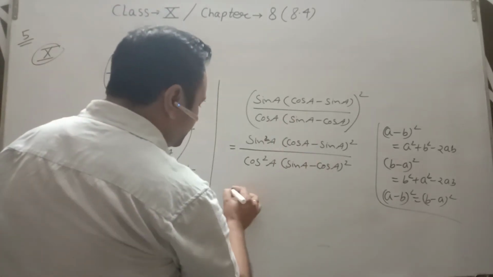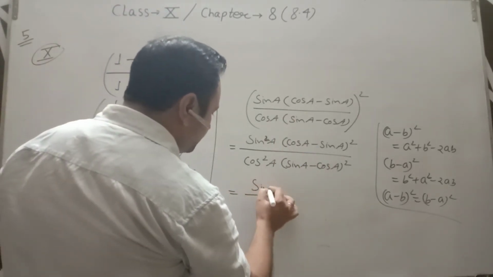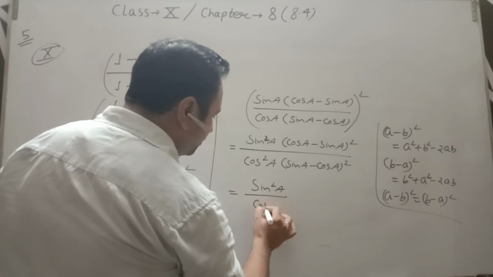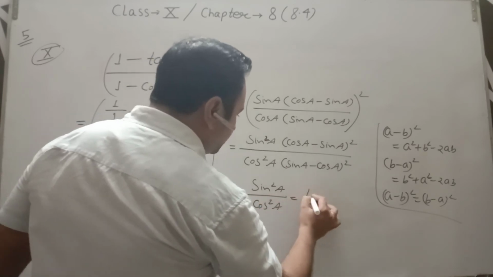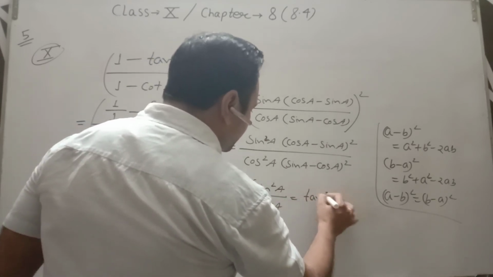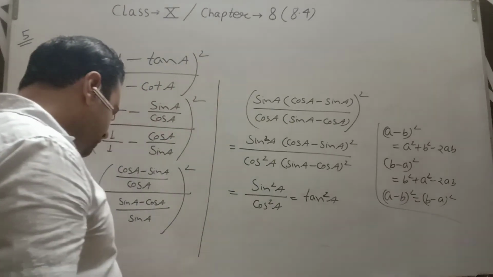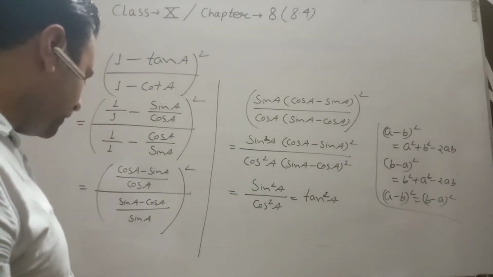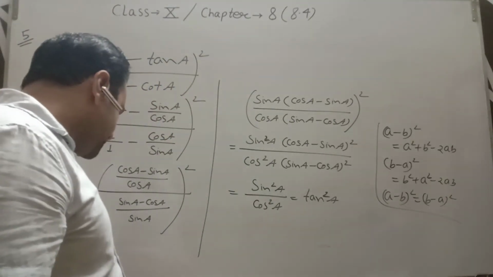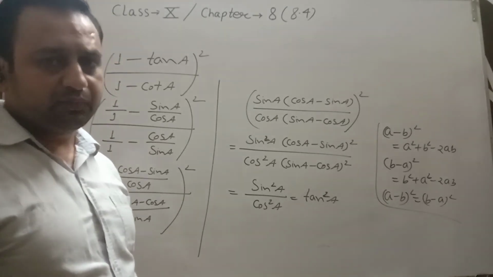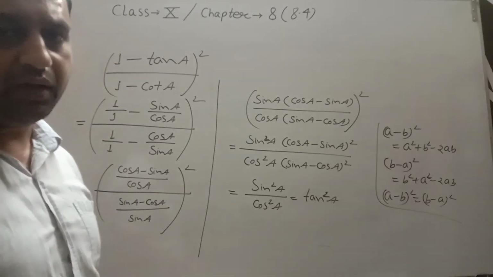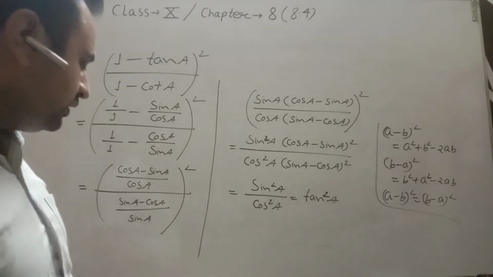So cancel out, and finally we find sin square A upon cos square A, which is equal to tan square A. So these two terms equal tan square A. We just skip the ninth part. Please try yourself, and if you have any problem you can discuss with me.